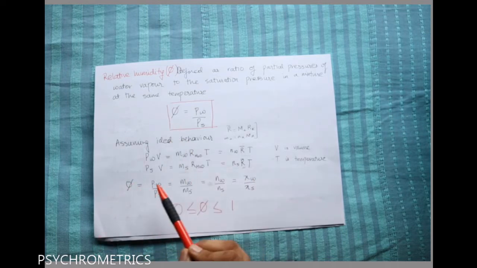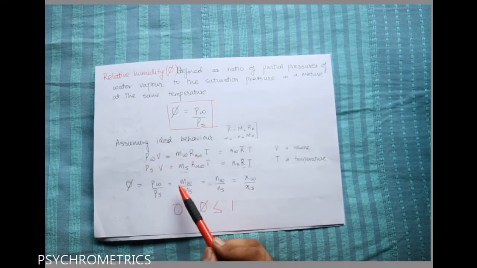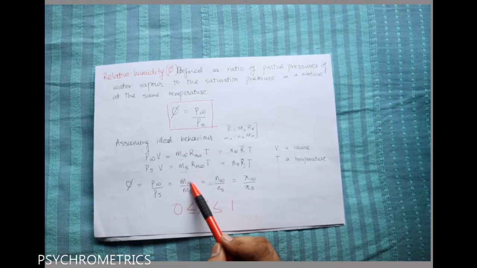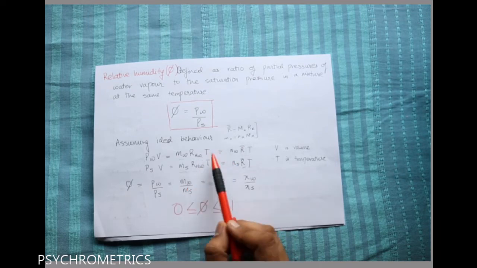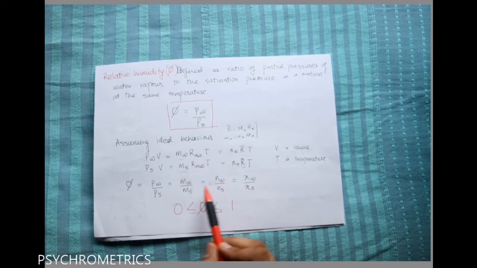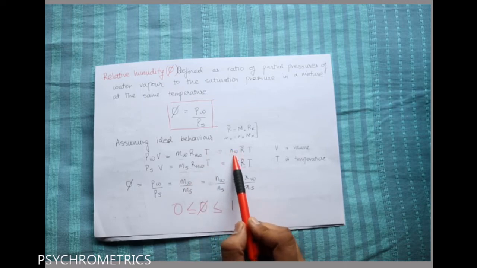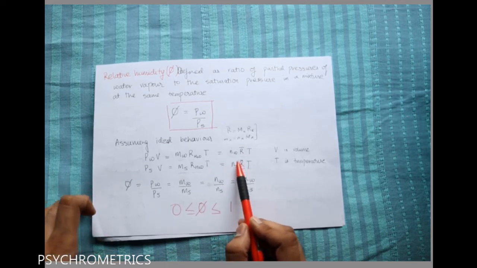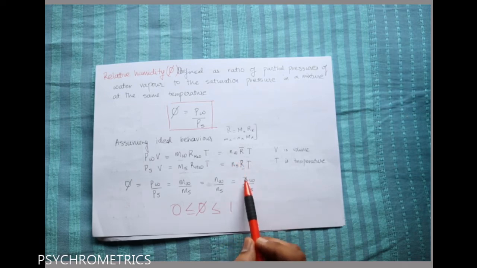Now phi, which is PW by PS, if you substitute these terms, we have MW by MS, that is the mass of water vapor in the air to the mass of water vapor that would be required at this temperature for the air to become saturated, which is equal to the number of moles of water in the current mixture divided by the number of moles in the mixture at that same temperature which would result in the mixture being saturated, which is equal to XW by XS, the mole fraction of water vapor divided by the mole fraction of water vapor at saturated condition.